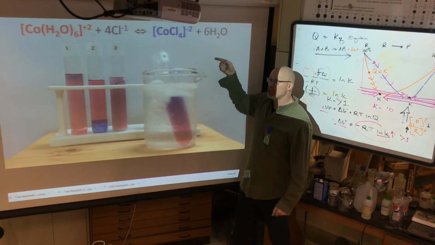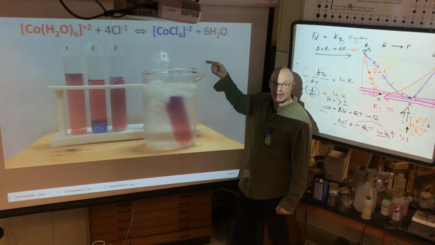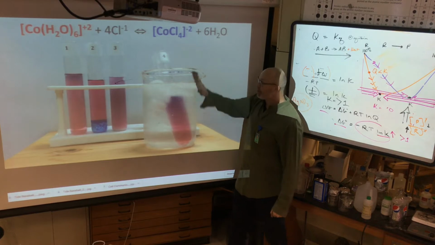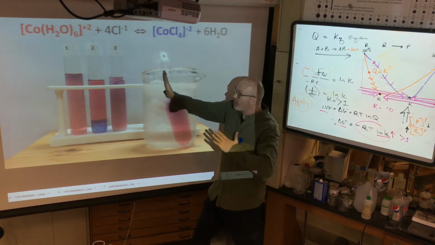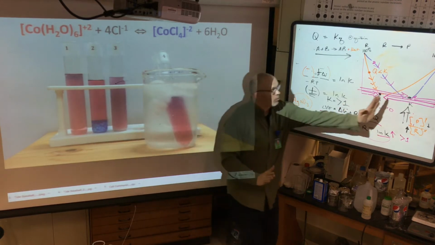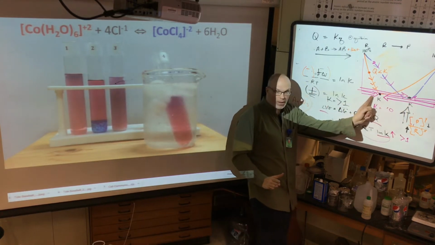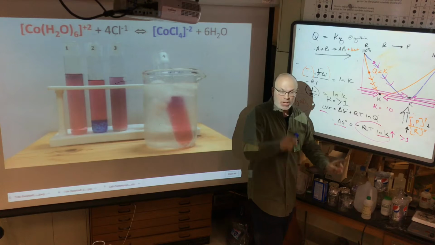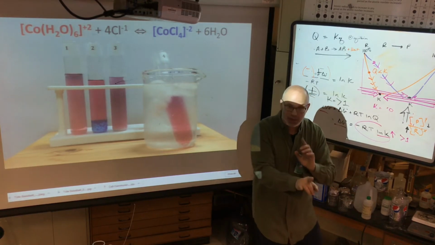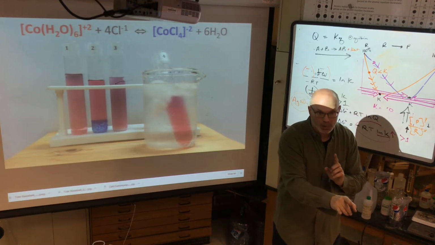Now, it's not shifting Q. I'm shifting what? The K position. This is going pink, because the K is favoring at lower temperatures the reactants more. This K is actually moving. You change temperature, you change the value of the K position. Which way? Depends if it's exo or endo in the forward direction.